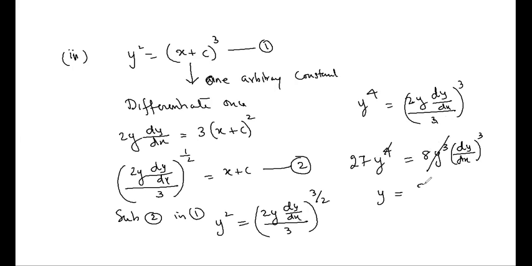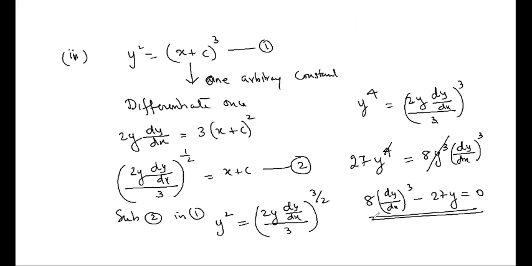So y is 8 upon 27 dy by dx the whole cube. This becomes your answer. You can make it equal to 0, or you can write it like this: 8 dy by dx the whole cube minus 27y equal to 0. This way also you can write it.